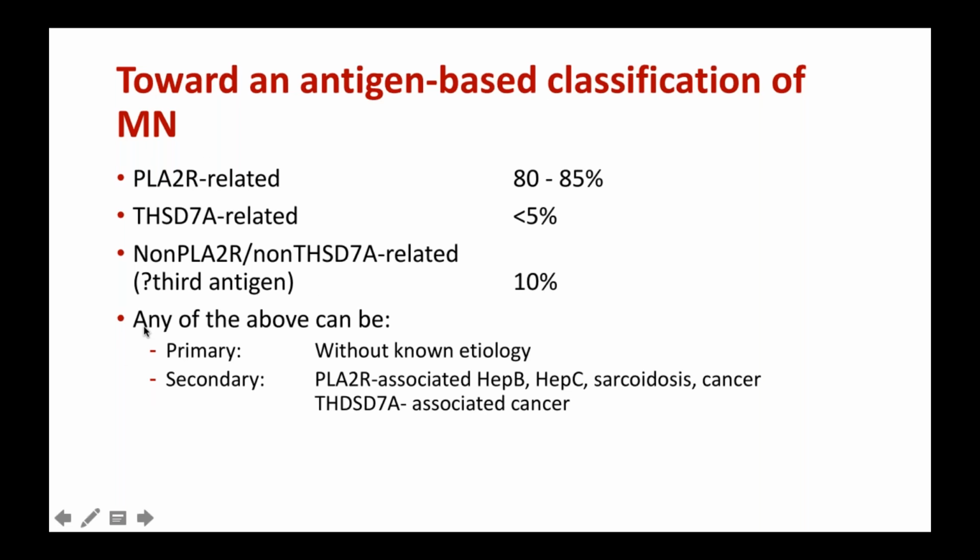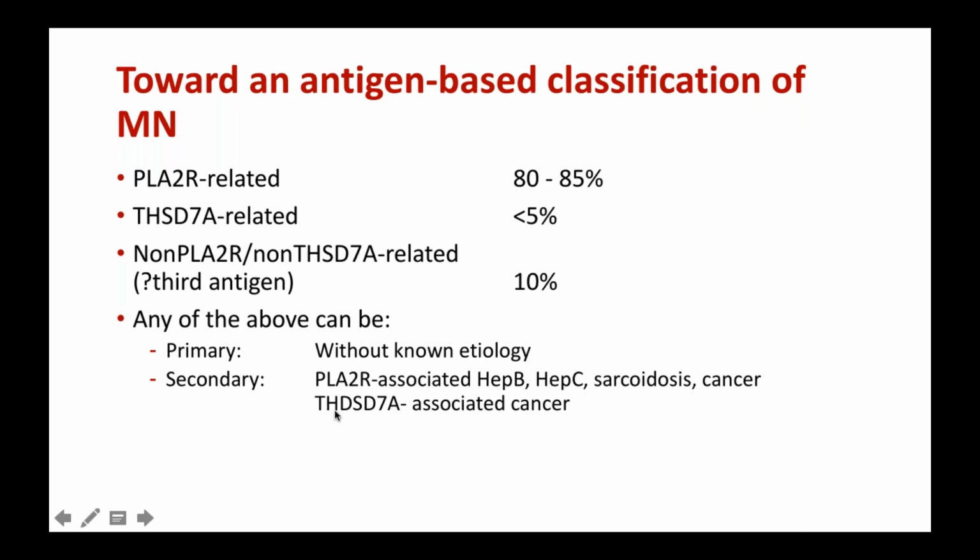So now primary does not mean that the patient has to have phospholipase A2 receptor antibody negative, because it has been shown that a number of subjects have phospholipase A2 receptor antibody positive membranous nephropathy, but they also have hepatitis B, hepatitis C, sarcoid, or cancer.